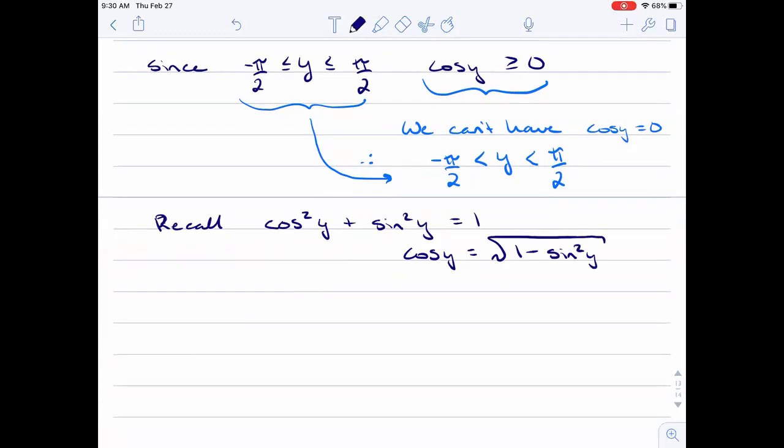So we use this trig identity to help us along here.